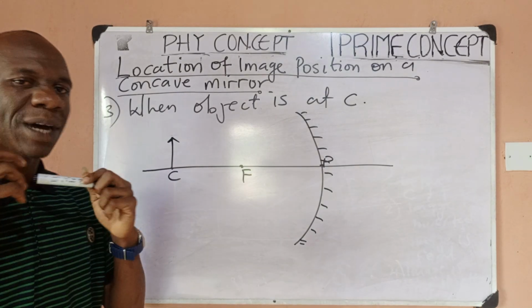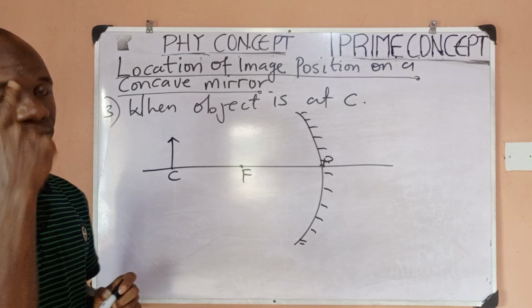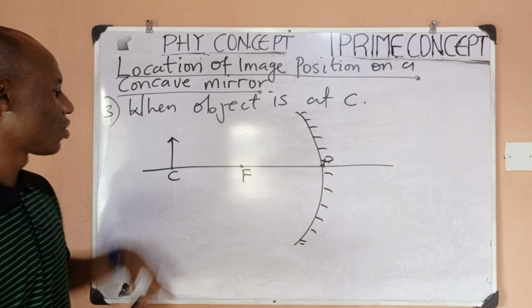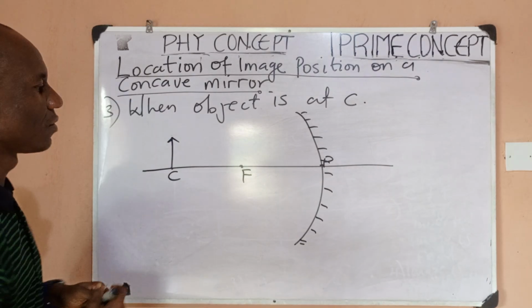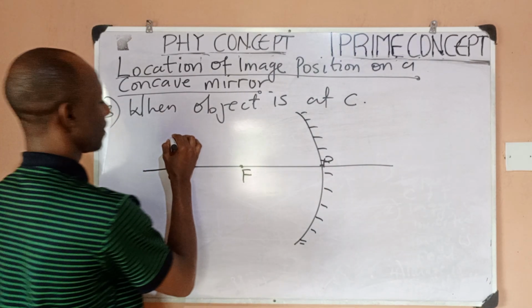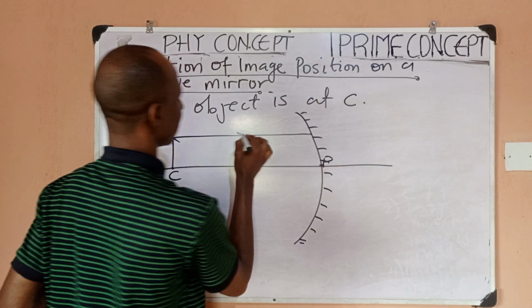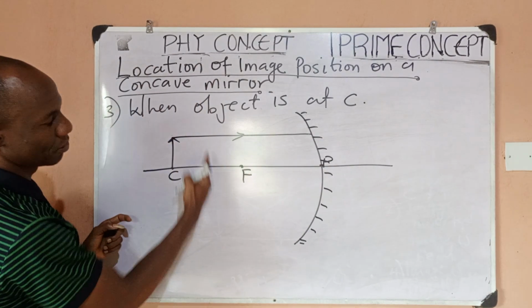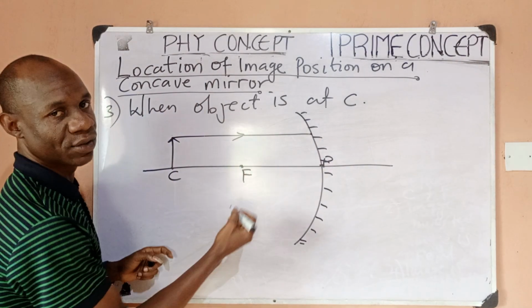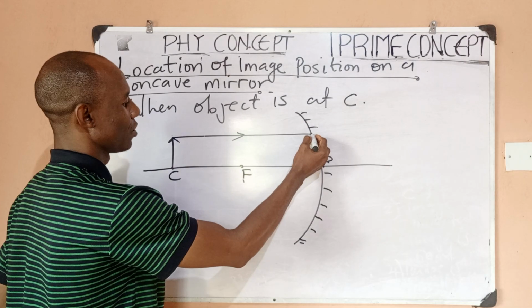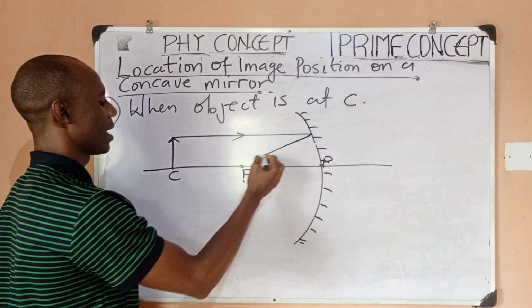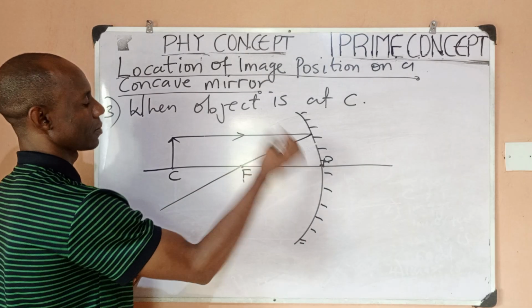When you are drawing your ray diagrams, the rays should always come from the tip of the object. I'll use one of the rules, which says if I have a ray parallel to my principal axis, when it hits my mirror, it will reflect passing through my focal point. So if I do this, I would have this.